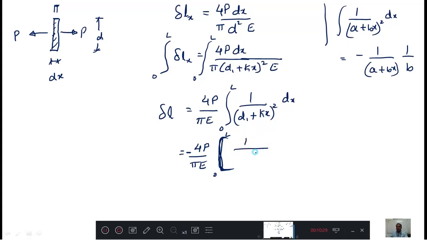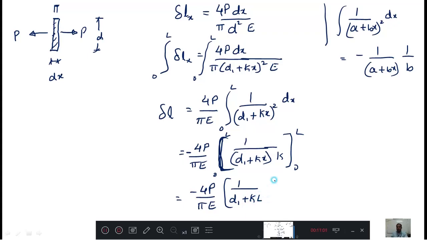Inside I can write 1 divided by (d1 plus kx) into k, from 0 to L. Now minus 4P divided by pi E into, if I substitute the upper limit in the place of x, then it becomes 1 divided by d1 plus kL, minus, if I substitute the lower limit, x equal to 0, this becomes 0, I will get d1. Okay now, this has happened, and this k is there.